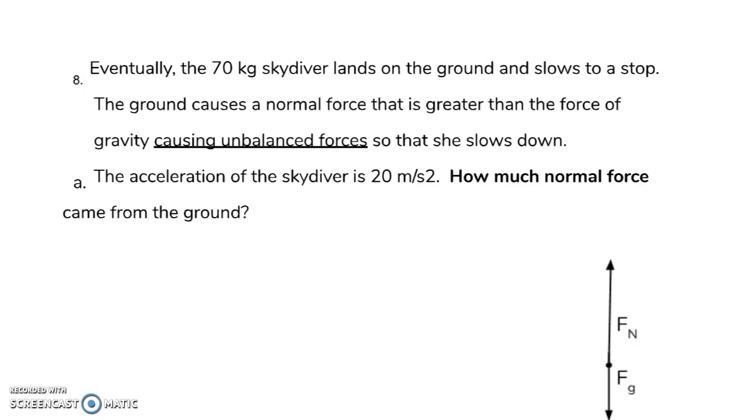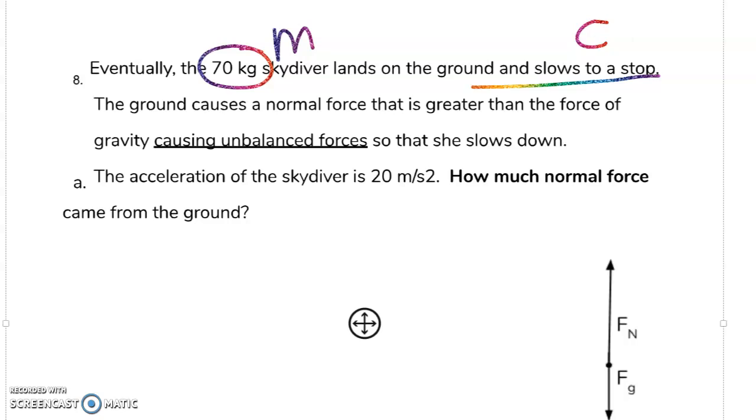In number 8, we have the same skydiver. That's our mass. And they land on the ground and slow to a stop. So already I can tell that this is an example that involves changing velocity, and I can add that to my annotations. The ground causes a normal force that is greater than the force of gravity, causing unbalanced forces so that she slows down.